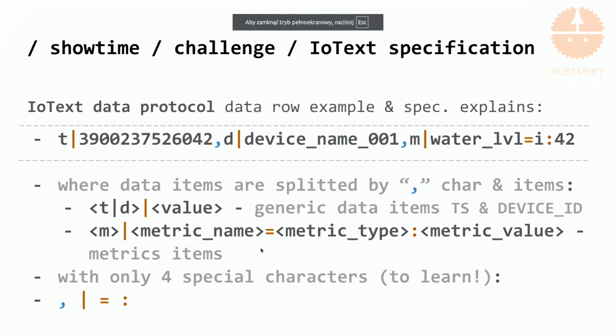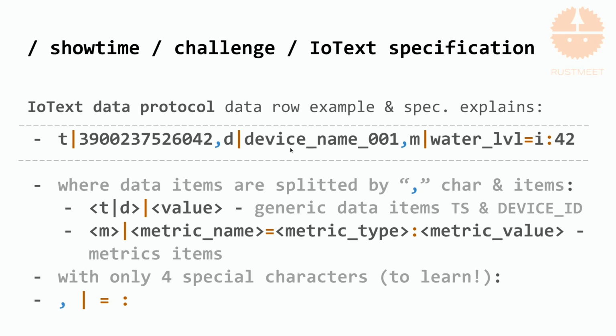The specification is not something fancy or complicated. I decided to split data items or fields with a few separators or special characters. And you can see there is a simplistic message. There is a timestamp, a Unix timestamp with milliseconds.